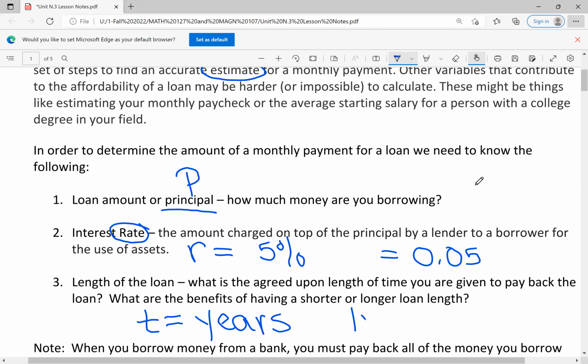So we do need to know that 1 year has how many months. As you're writing this down, remember, as I'm doing the video, you should be writing on your set of notes. So you need to remember that 1 year has 12 months. I'm just going to abbreviate that MOS. So 1 year has 12 months.